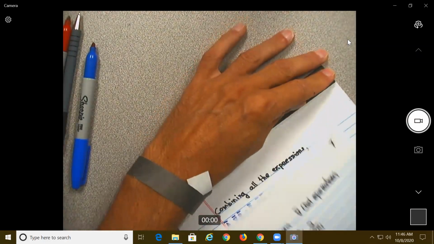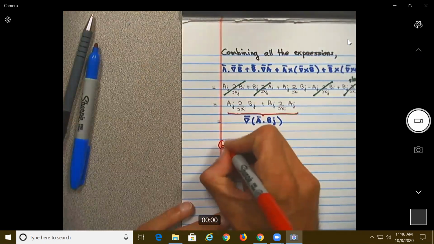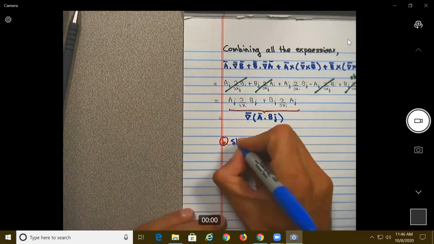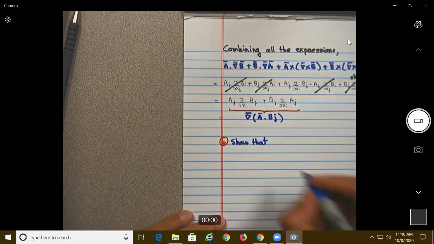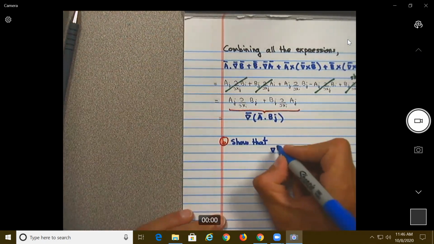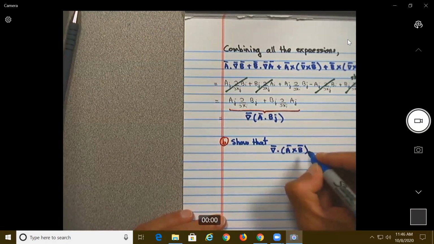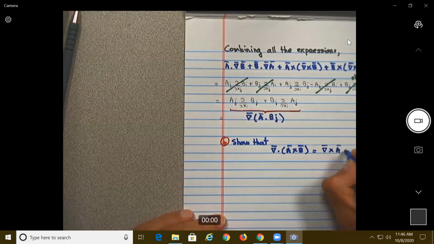So problem B was to show that del dot of A cross B equals del cross A dot B minus del cross B dot A.